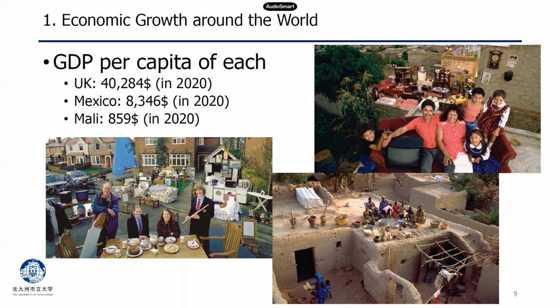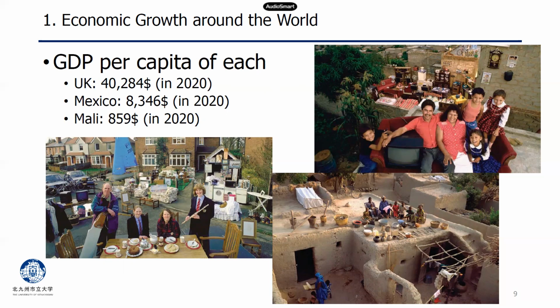But because those differences in growth rate accumulate over time, we see big differences in the living standards in each country these days. I have brought 3 pictures of a living family in 3 countries.